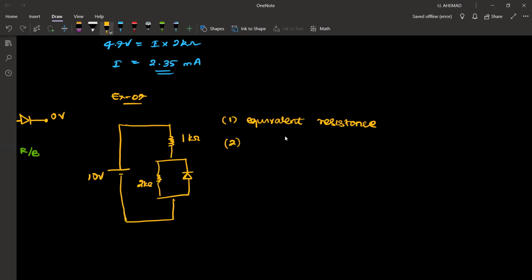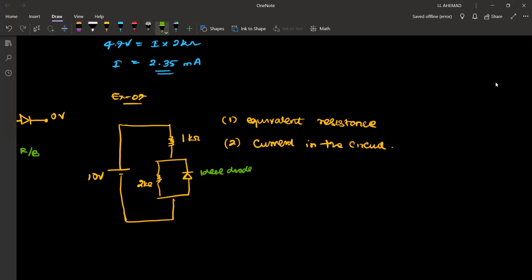So I'm okay, right? This is an ideal diode.